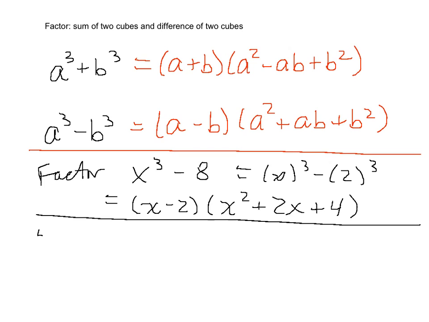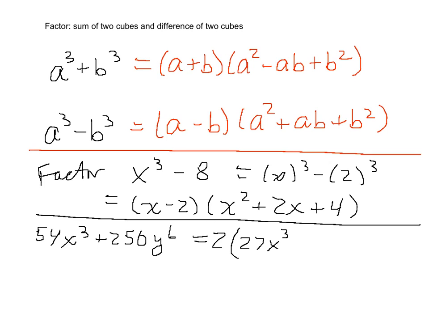We want to factor 54x cubed plus 250y to the sixth. So we take out a common factor, don't forget that, which is going to be 2 times 27x cubed plus 125y to the sixth.